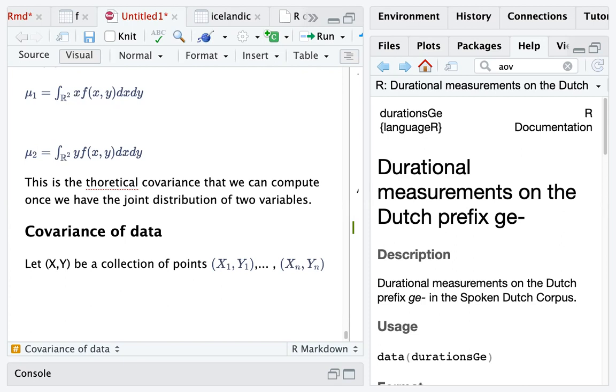The fact that they go paired, that x1 goes paired with y1, is important, because they could be like the height and the weight of a person.